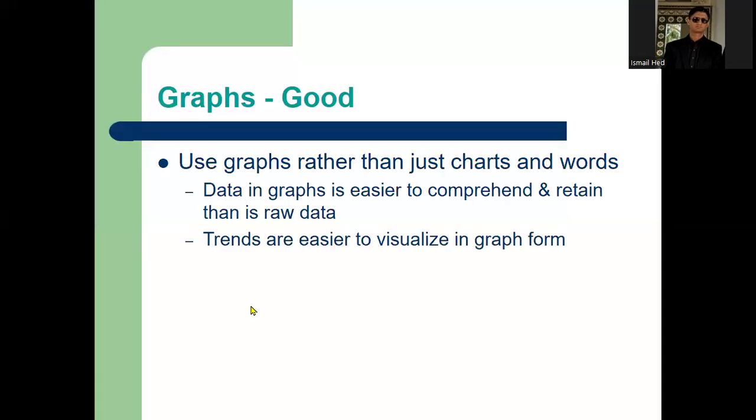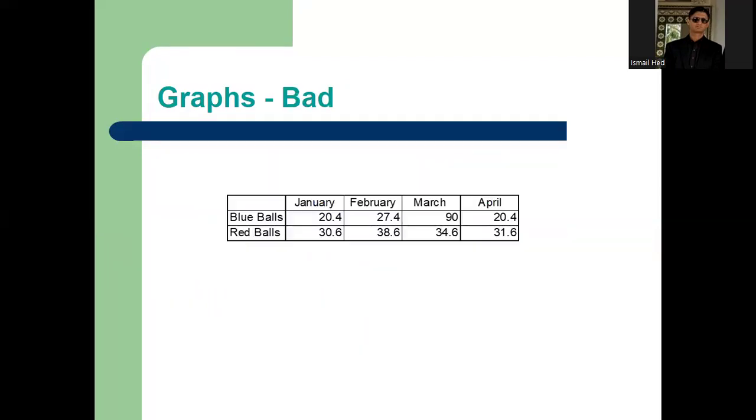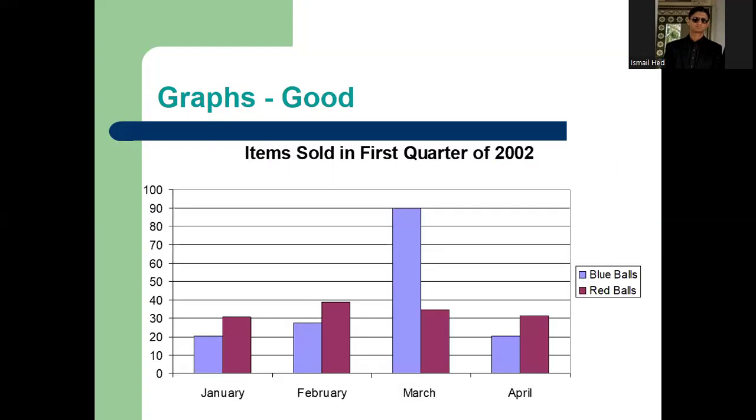Then there are graphs. Use graphs rather than charts or words. Data in graphs is easier to comprehend and retain than raw data. Trends are easier to visualize in graph form. Always title your graphs. For example, when you have a look at this table, it is going to be difficult for your audience to make sense of.